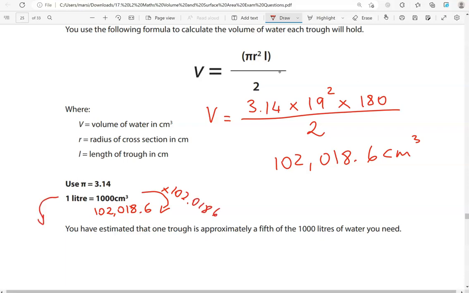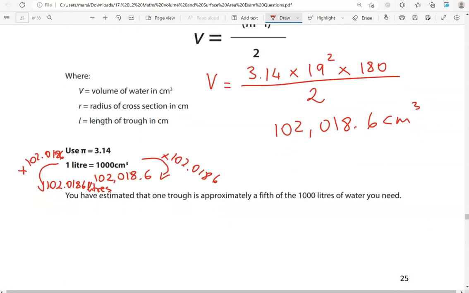So same thing here. The 1 times that number gives us the number itself, so that is 102.0186 liters.